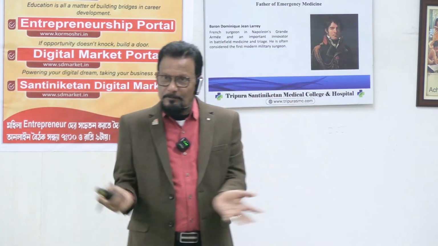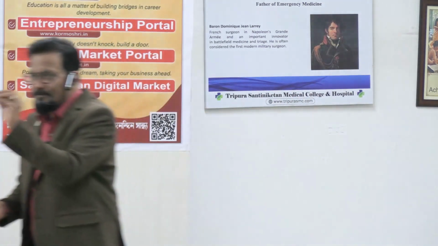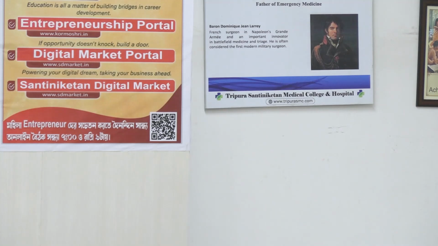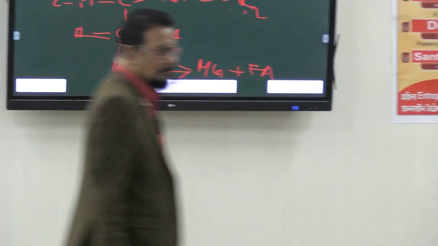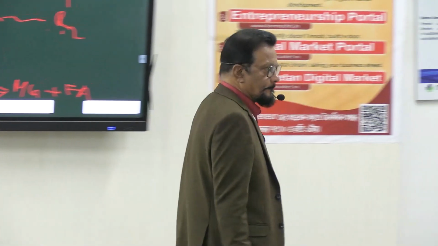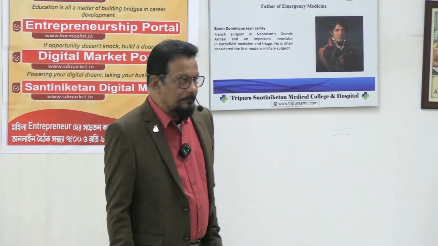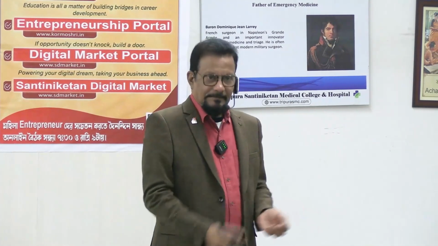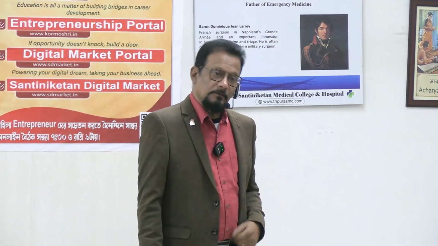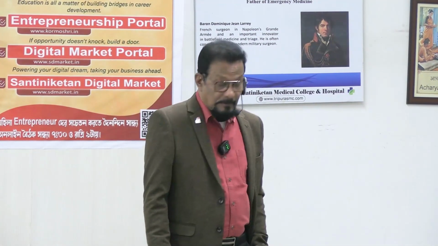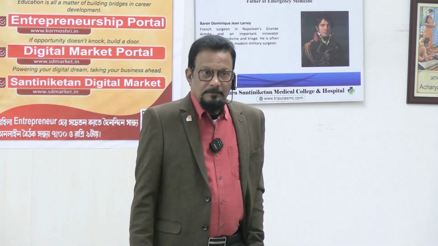So a large globule is fragmented into small granules, small particles. This way we can break it into small fat droplets. When it is done, we say emulsification is done.